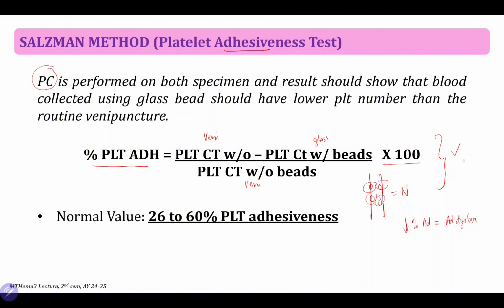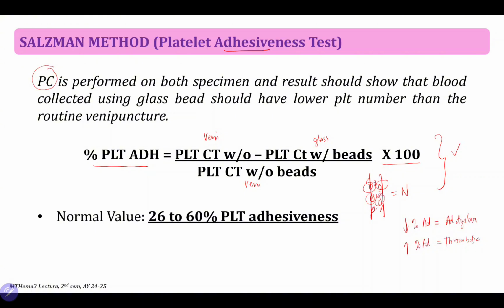Now, the other result, if you produce an increased percent adhesion, that means to say they stick too much to one another on our glass bead, then that indicates thrombotic disorders or the formation of coagulopathies or increased coagulation. Okay?